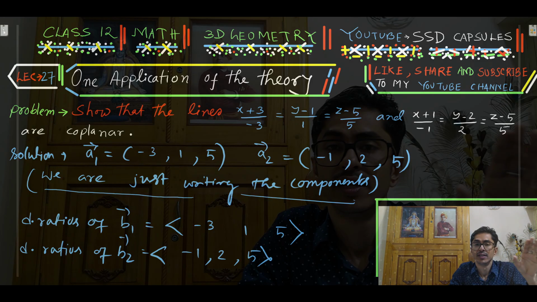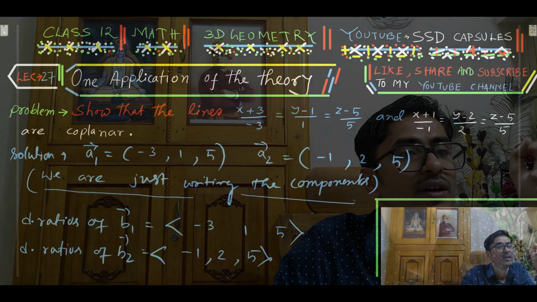Now we check, after putting the values in the determinant, whether these two lines are coplanar or not. If the determinant value comes 0, then it will be coplanar. Otherwise, we can say these two lines are non-coplanar.